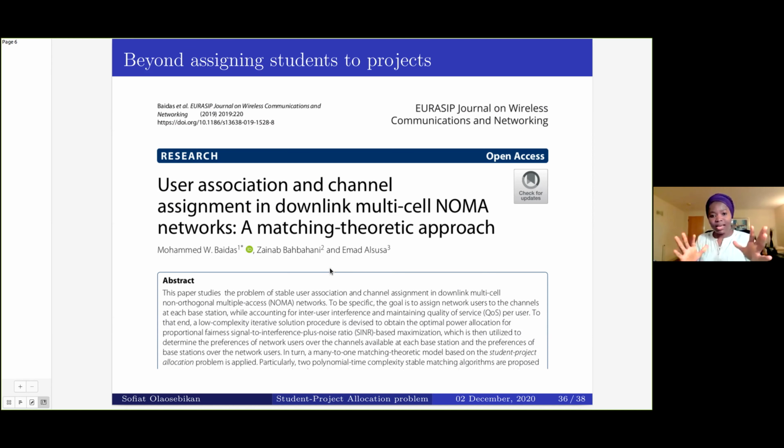And this is in wireless networks. And it was just very nice to see that the application of student project allocation goes beyond the natural allocating of students to projects in university departments that it was initially modeled for. So this was nice. I saw the application of SPA-S, SPA-P, and SPA-SP.